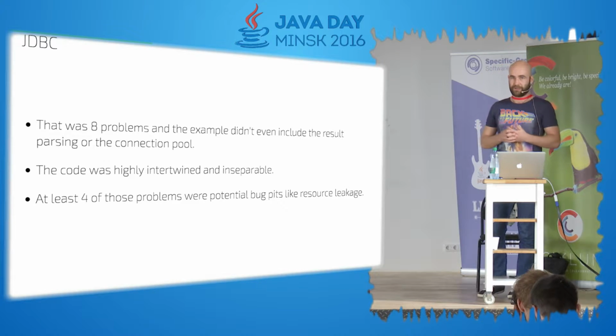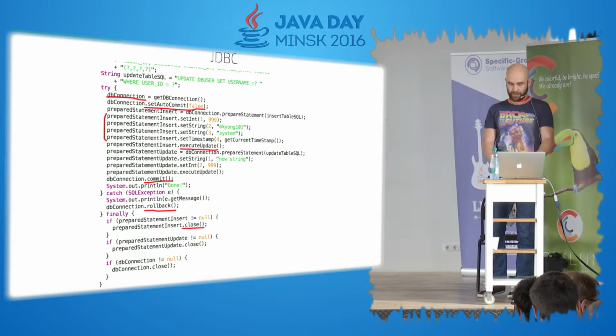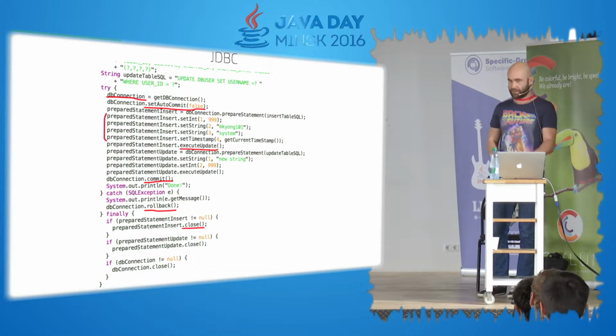Most of them involved deciding either to roll back or whether to close a resource. If we forget just a single statement, we have a leak and we have a bug. And no compiler will spot this for us.